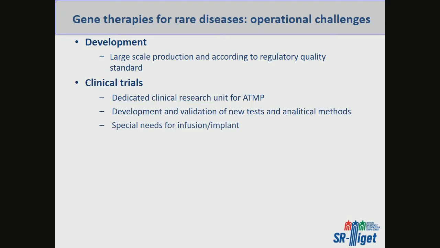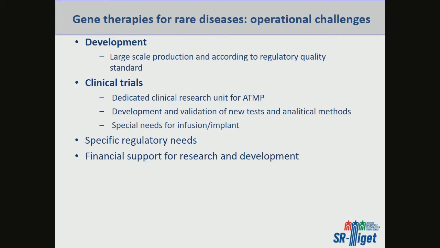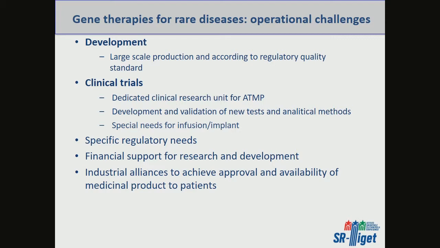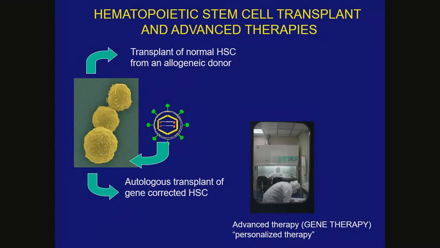Then there are a number of issues related to manipulation. You need a special authorization to manipulate these medicinal products because they are made of GMOs, genetically modified organisms. There are specific regulatory needs which were built in the past years, and these are also expensive and need financial support, and industrial alliances are key for this.